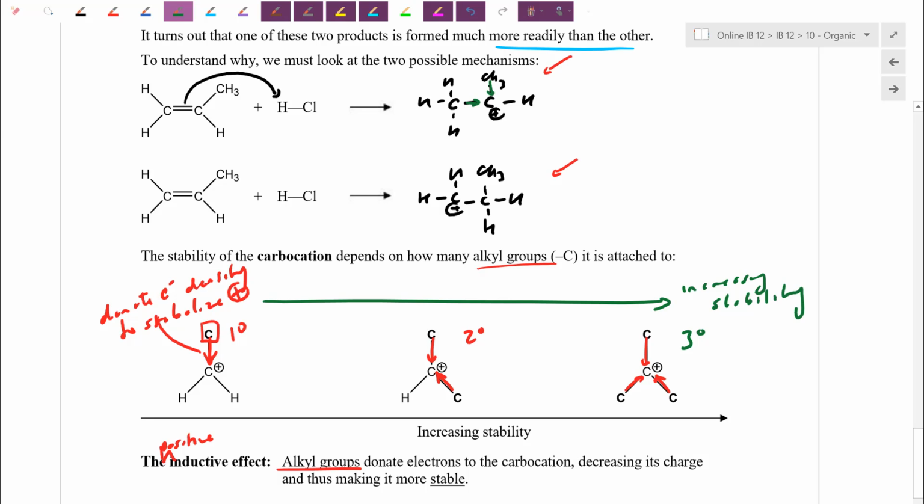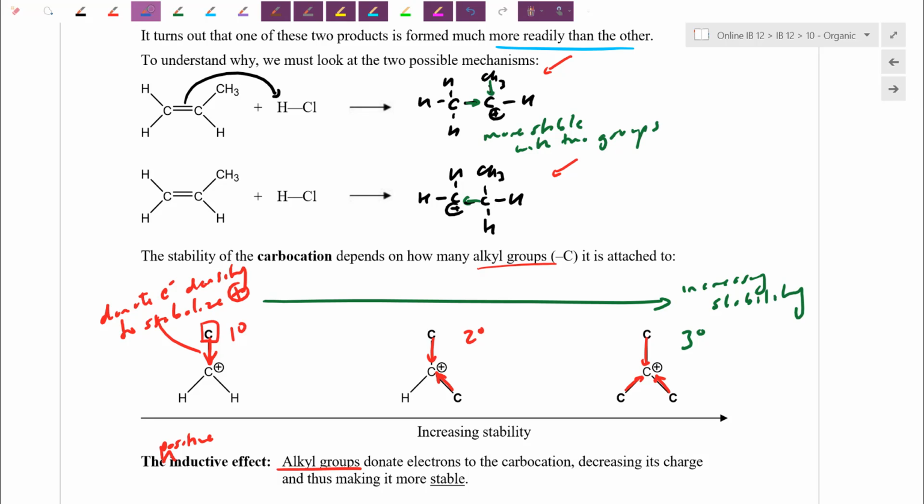It has 2 alkyl groups trying to stabilize that positive, whereas if I have the positive on the other one here, this one only has 1. Because a secondary carbocation is more stable, so more stable with 2 groups, 2 groups inductive effect.